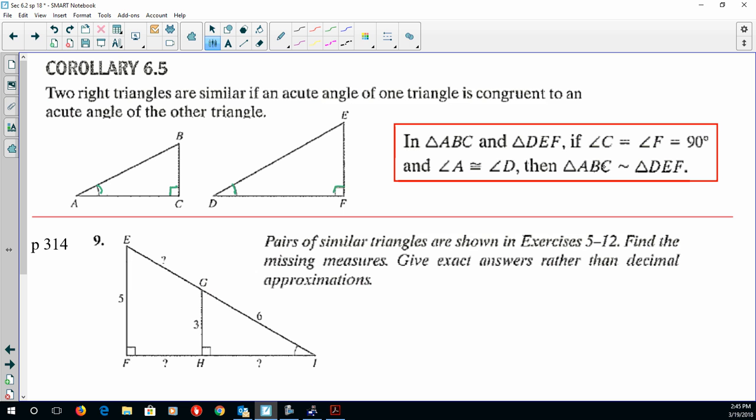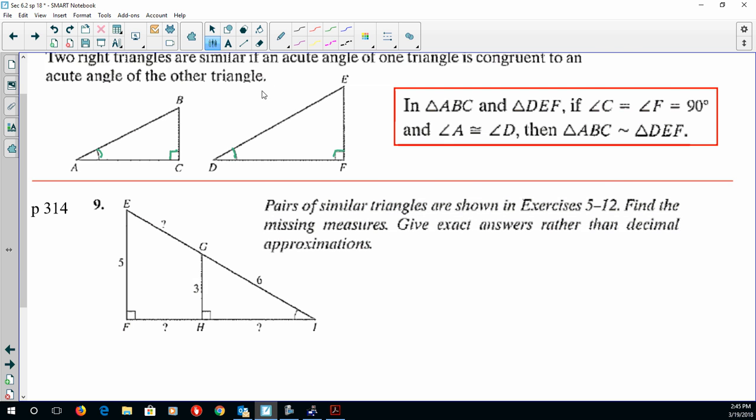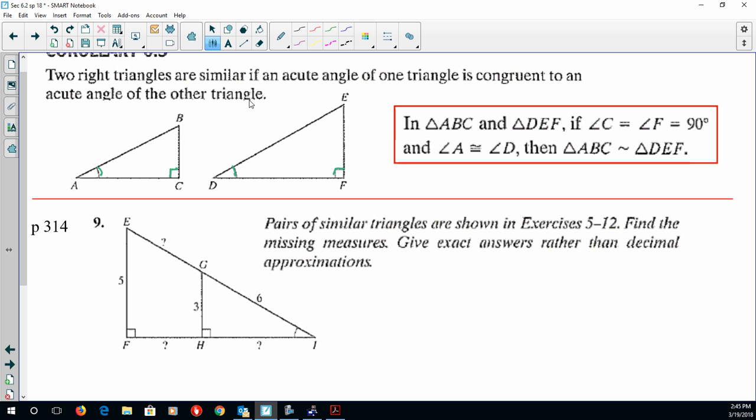Now we come to problem number 9. We'll use this corollary. It's actually a fairly long problem, a little bit longer than some others. Okay, here we have a couple of triangles. Actually, there's two right triangles.